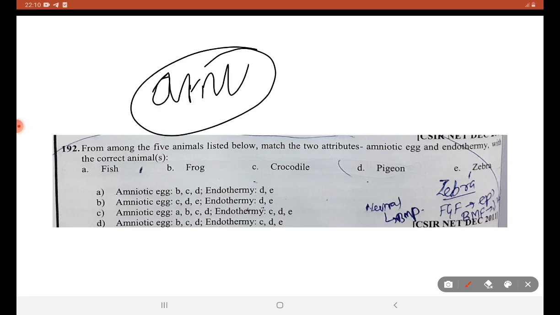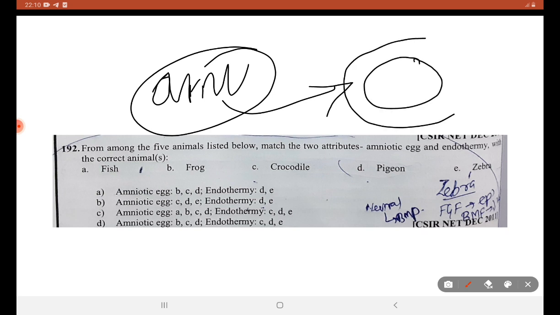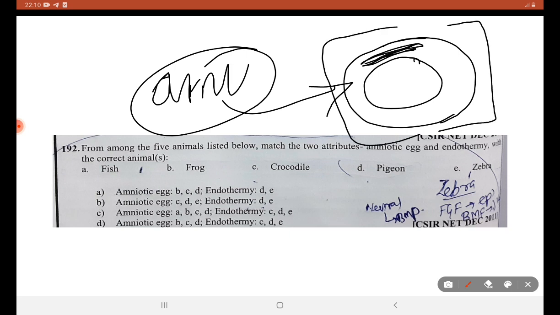Amniotic egg is nothing but an egg with amnion, chorion and allantois.